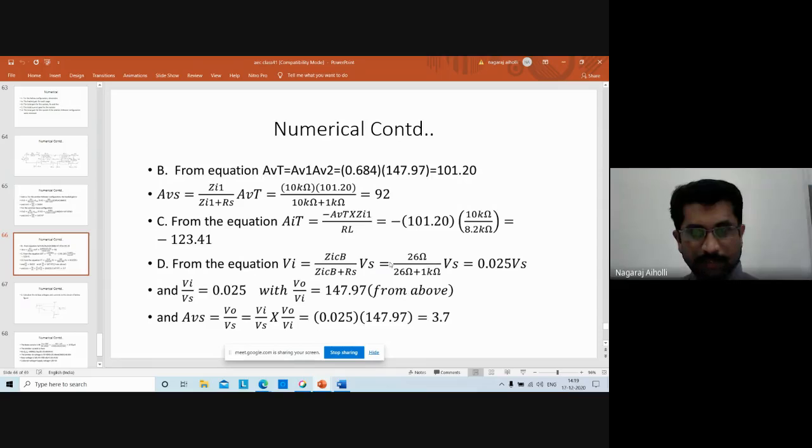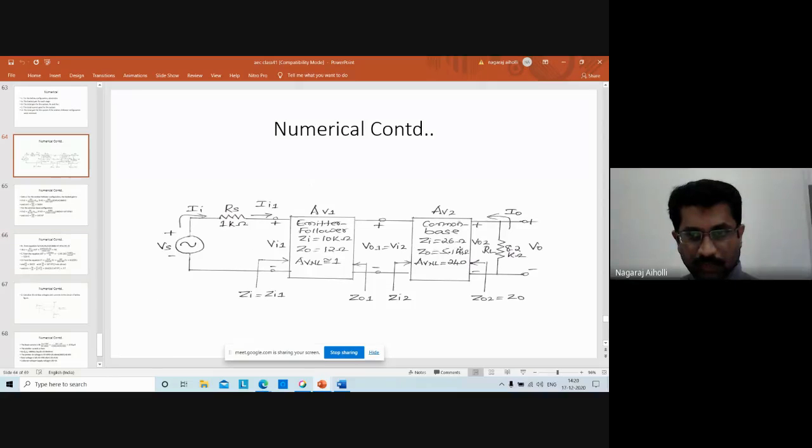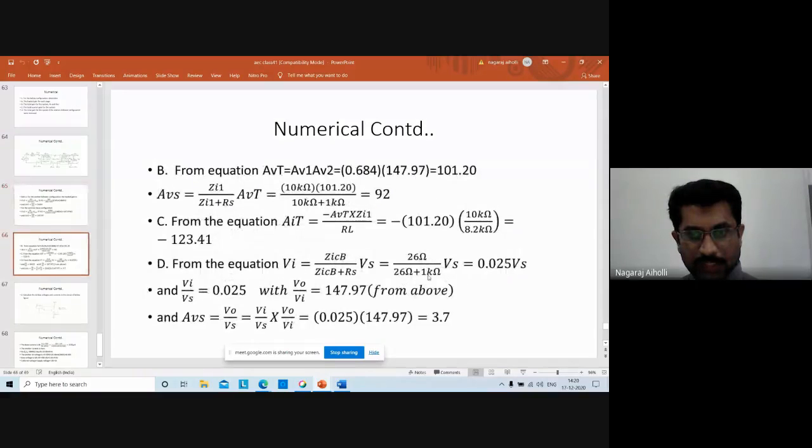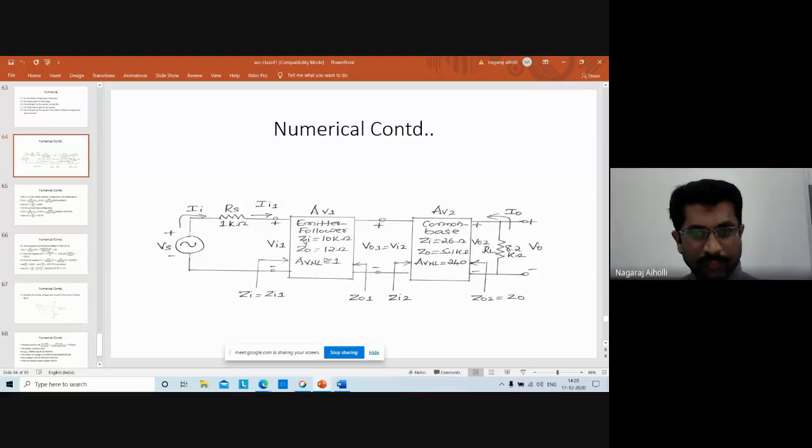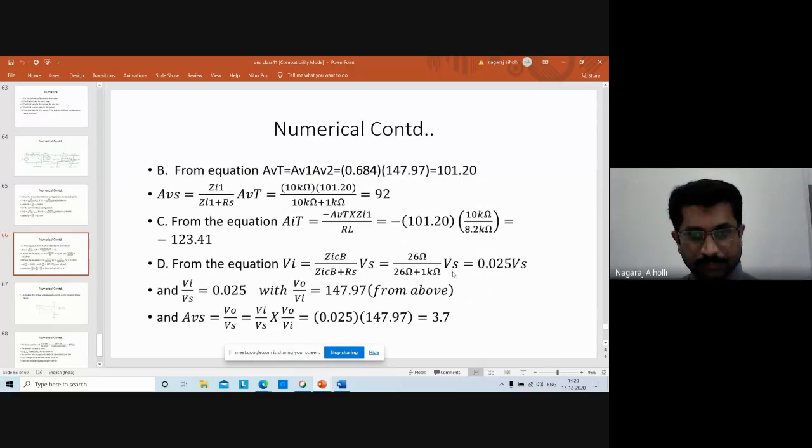ZICB is 26 ohm. You have noted down this 26 ohm, Zi of common base input impedance. That divided by 26 ohm plus Rs. Source resistance is same, 1 kilo ohm. Then into Vs, Vi will be equal to 0.025 into Vs. Just verify this portion, 26 divided by 26 plus 1000. You will get 0.025 into Vs. Correct? Now what will be Vi by Vs? Vi by Vs will be equal to 0.025.